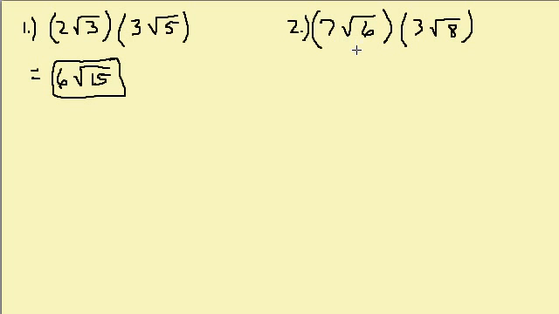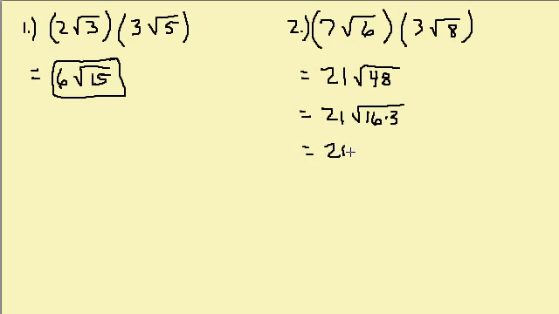Alright, let's take a look at this one. We multiply 7 times 3 is 21, and square root of 6 times square root of 8 is square root of 48. But now we notice that square root of 48 will simplify. It has a perfect square in it. So this is 21 times square root of 16 times 3, and square root of 16 is 4.